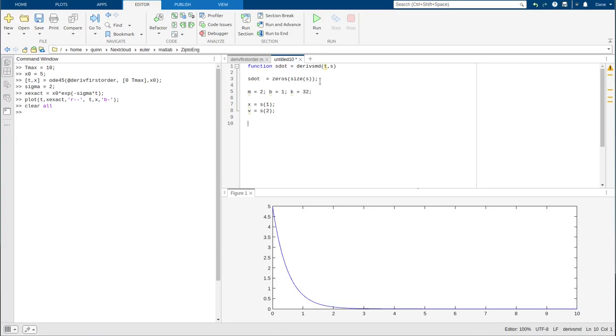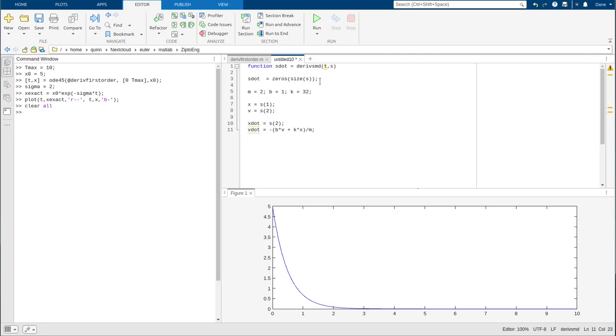So here, X dot is equal to S2, and V dot is equal to the equation of motion. That's minus B times V plus K times X, divided by M. So this is now our equation of motion.